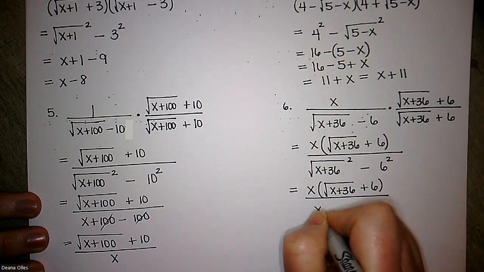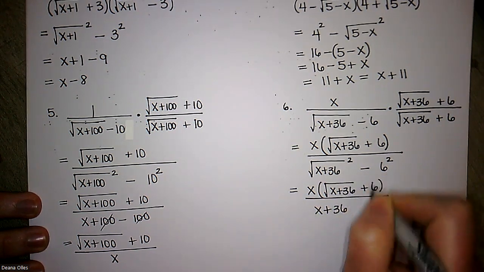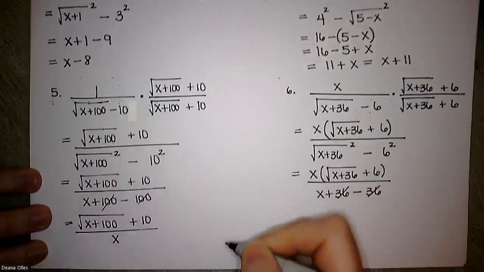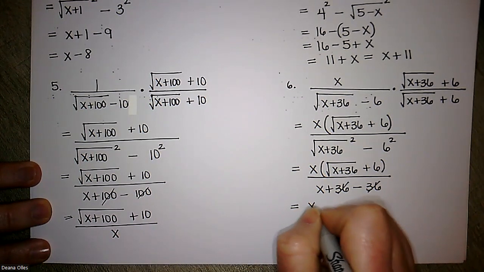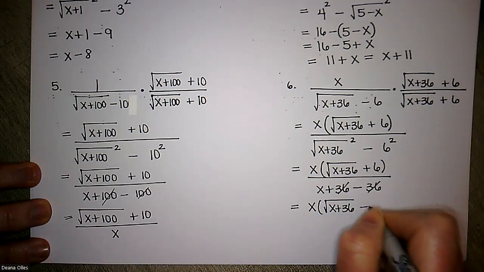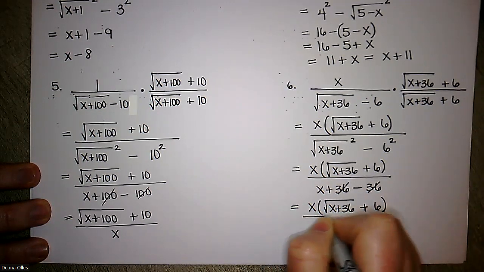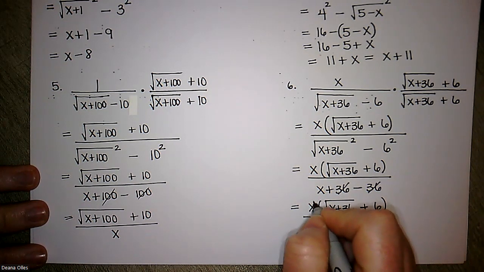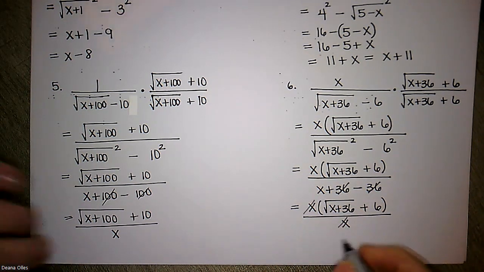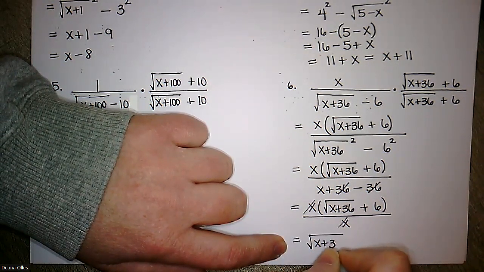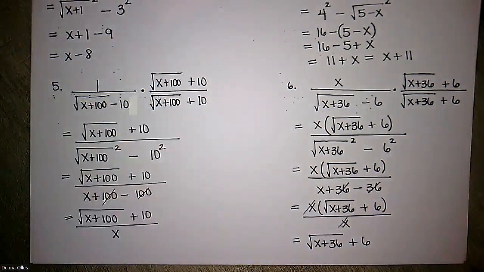Squaring a square root, I get x plus 36 minus 6 squared is 36. Oh, look at that. I can cancel the 36s. So I have x times the square root of x plus 36 plus 6 all over, oh, all I have left is x. Well, because x is a factor, I can cancel that. And now I have the square root of x plus 36 plus 6.